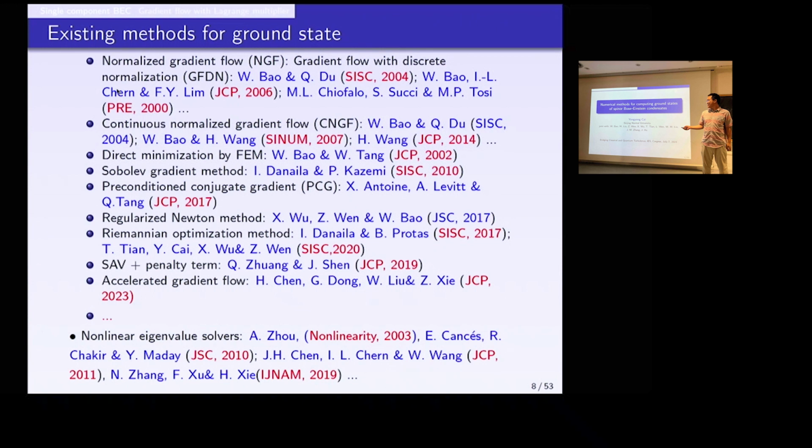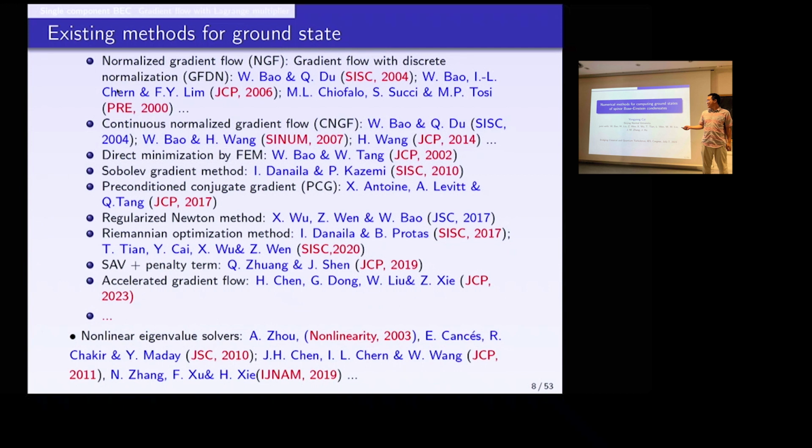And there are also other approaches, and also recently there are some accelerated methods for the first order gradient method from the optimization community. When you add some second order derivative there, the convergence can be accelerated. So there are also some recent works on this.